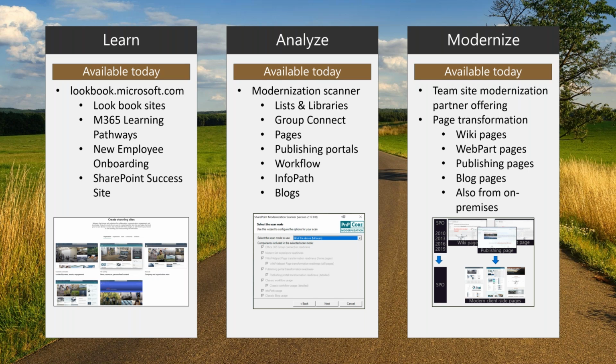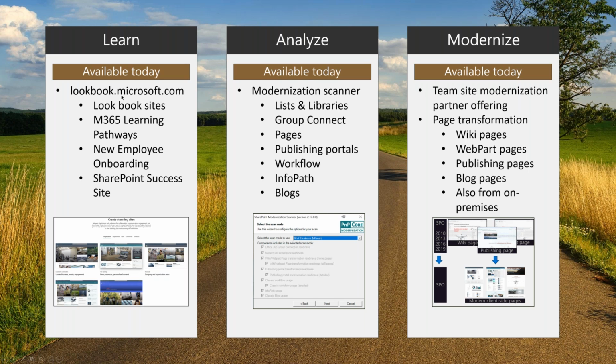There are a number of ways to do that, but what works best from experience is to create a set of modern sites in your current SharePoint Online tenant and start playing with them, customizing them, and showing them to other folks. I think that's the easiest way to learn about modern SharePoint and understand the value it brings to you.